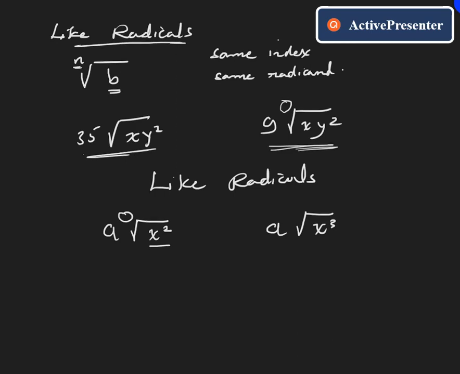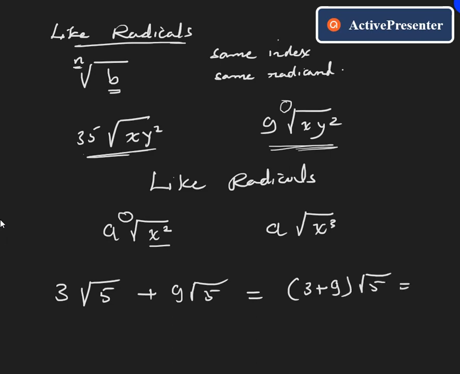We can combine like radicals using the distributive property. For example, 3 square root of 5 plus 9 square root of 5. This is equal to 3 plus 9 times square root of 5, which is equal to 12 square root of 5.